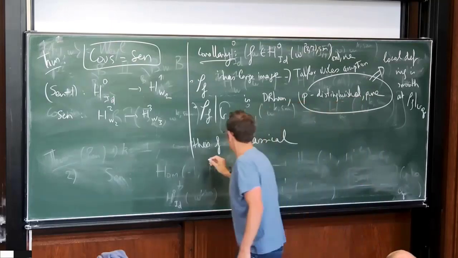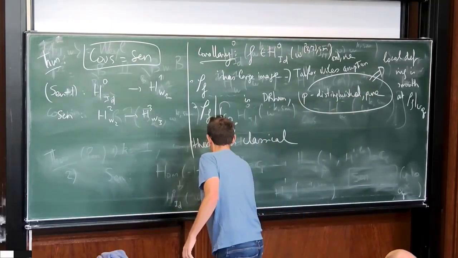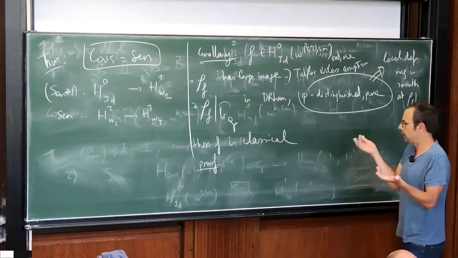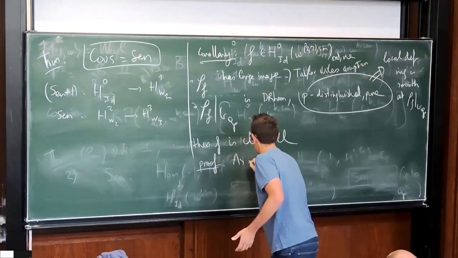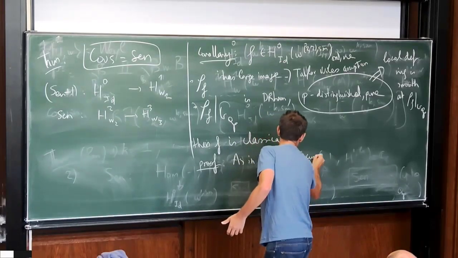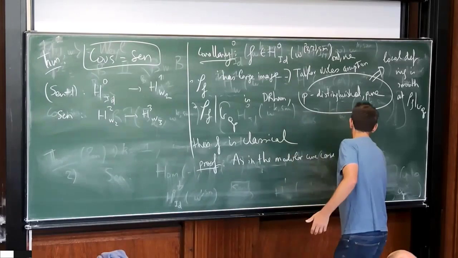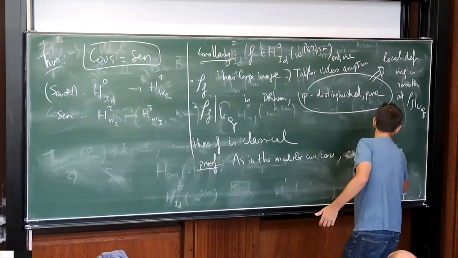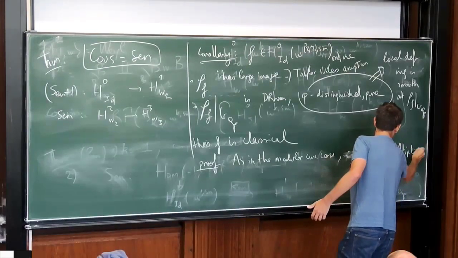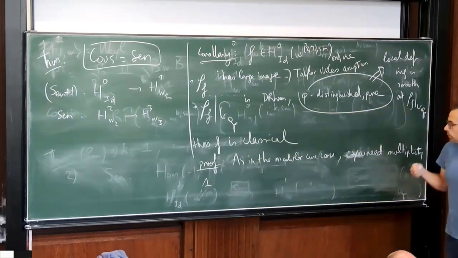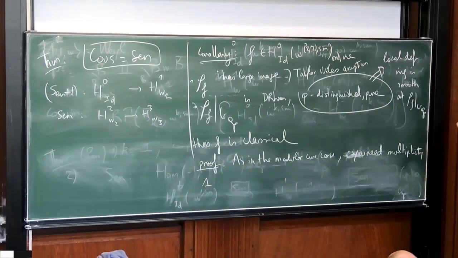Okay, and maybe I can say some words about the proof. The proof is as in the modular curve case, except you need multiplicity 1. In the modular curve case, the multiplicity 1 came from the q-expansion, but here it's not free.